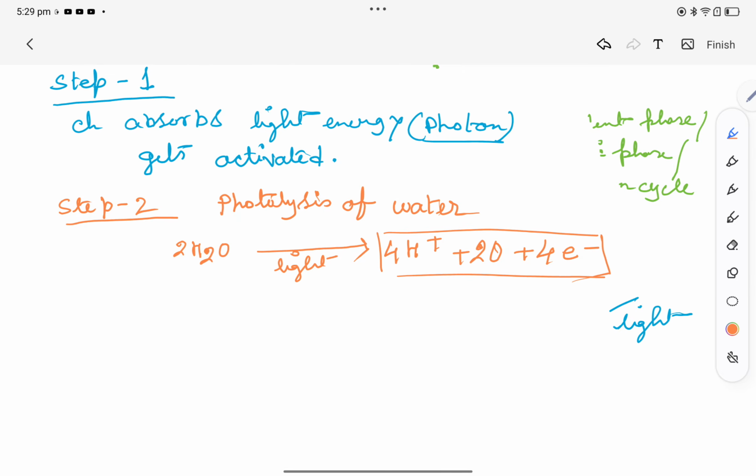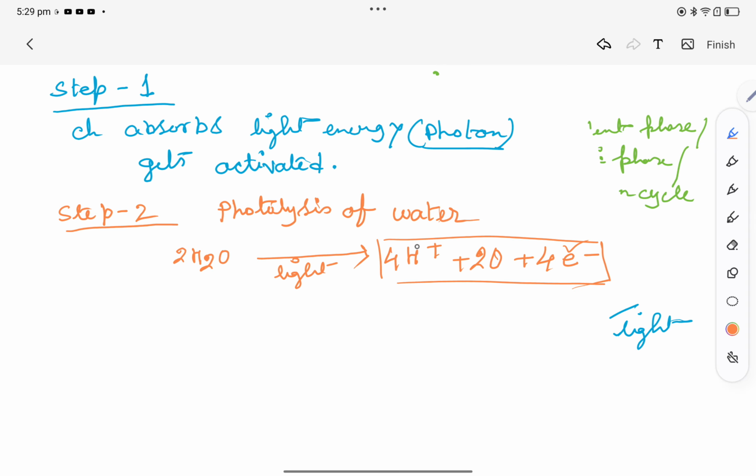Here the electrons and hydrogen ions will be required in our upcoming steps. Each water molecule gives us 2 electrons. Here we have two molecules of water, so that's where we get 4 electrons.